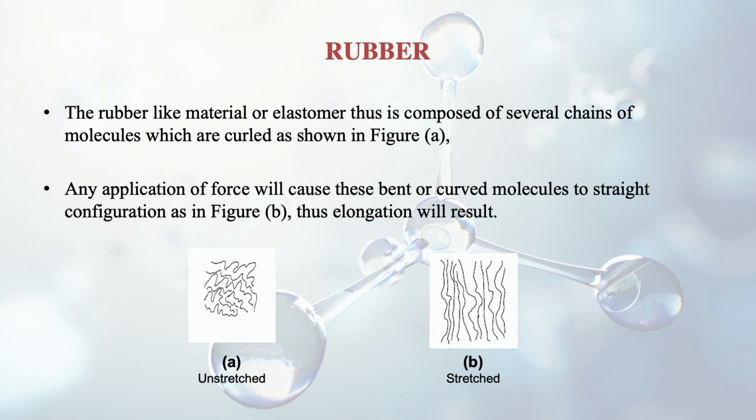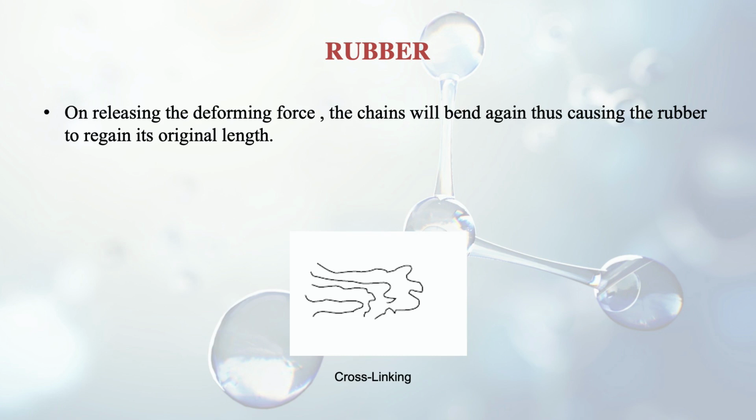This configuration is shown in figure B. You can see the chains have straightened up. But when we release the deforming force, the chains will bend again, causing the rubber to regain its original length. That's why it has very good elasticity, because elasticity is the property of regaining original length after the force is removed. Rubber is a very elastic substance.